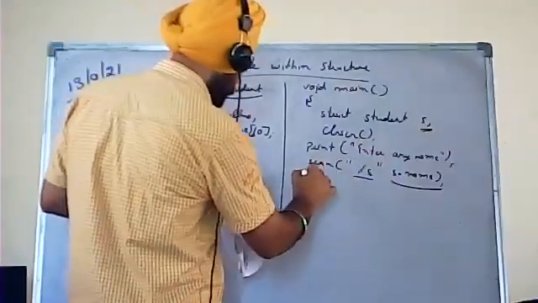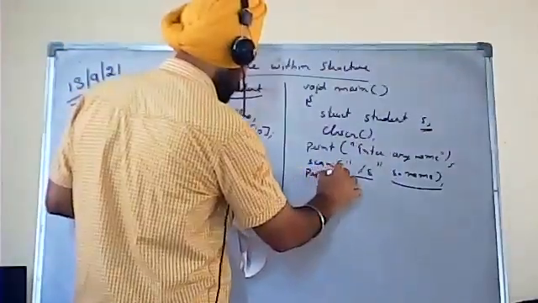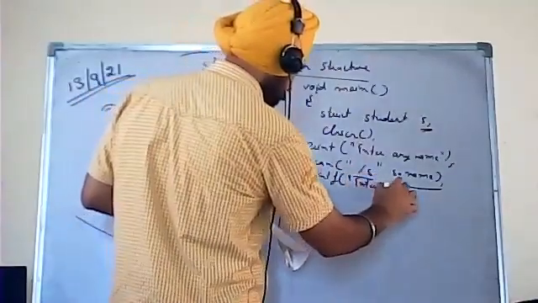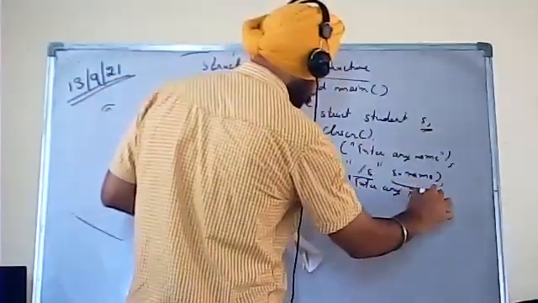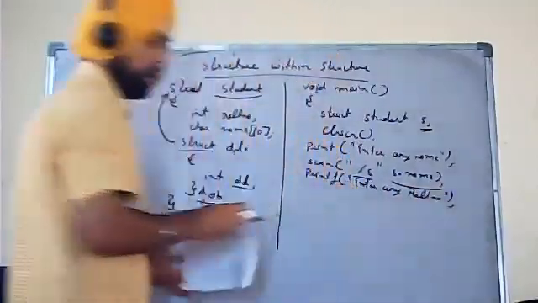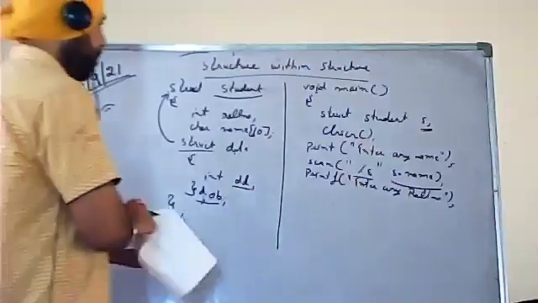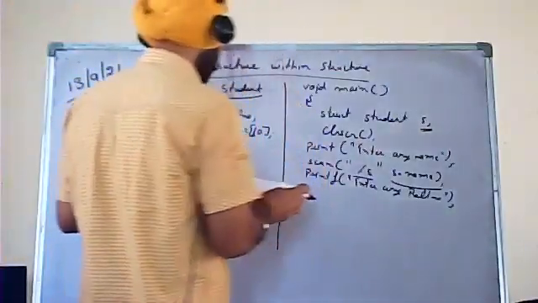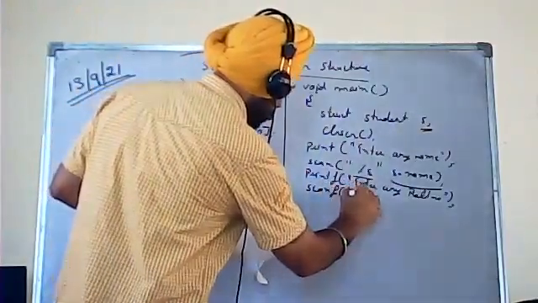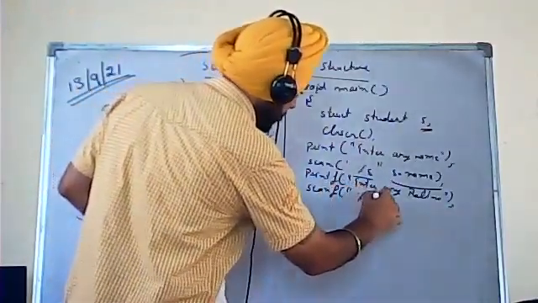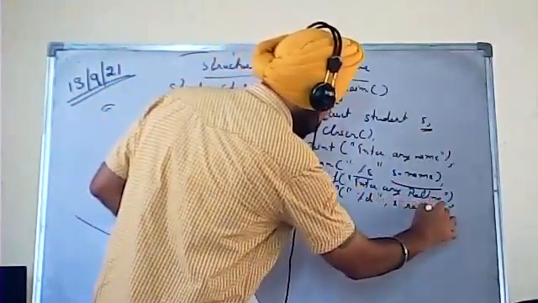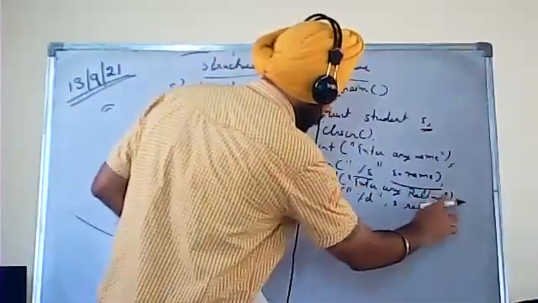So now next is printf, enter any roll number. And then with the help of scanf, here we are using %d, comma s dot roll number.